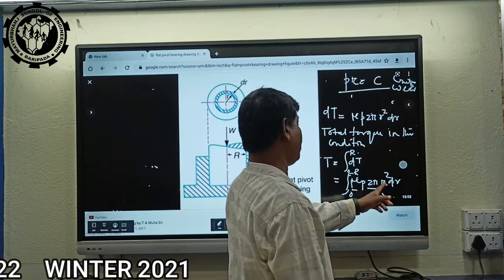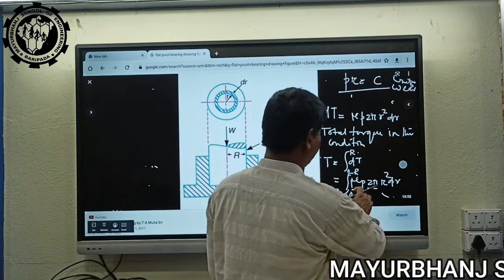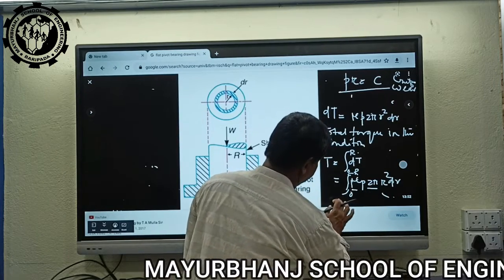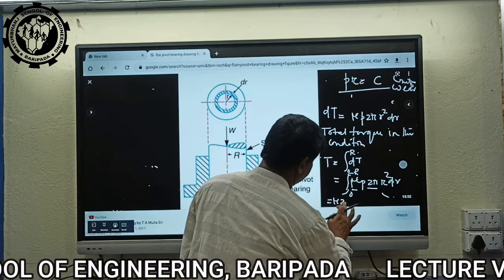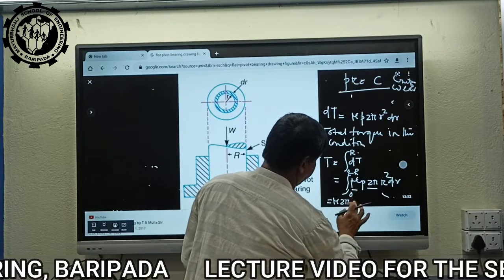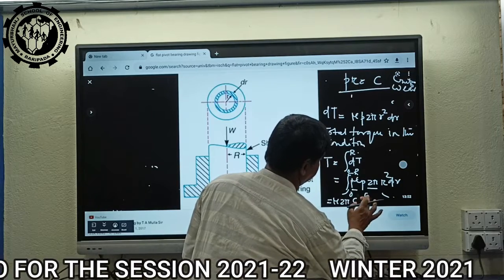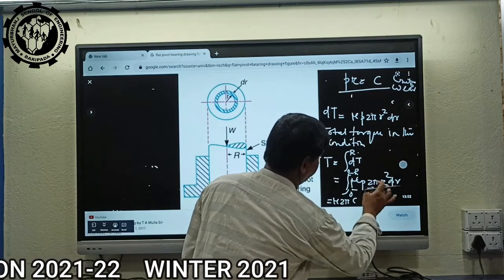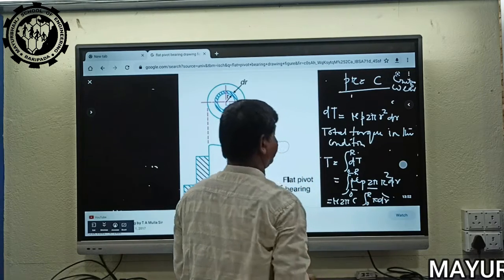Bring R from the R square and multiply with P, that is PR equal to C. So bring mu 2 pi, PR equal to C, integration of 0 to R, remaining R is there, R dr.